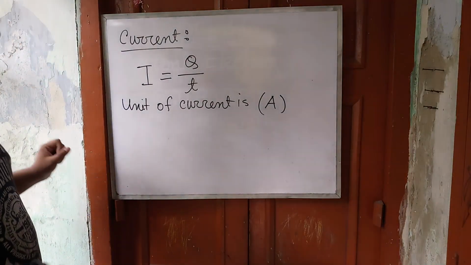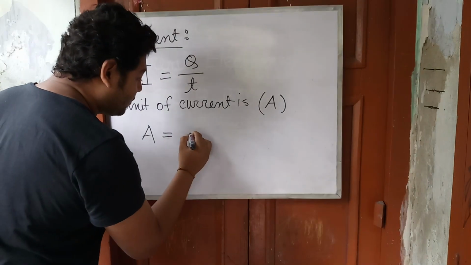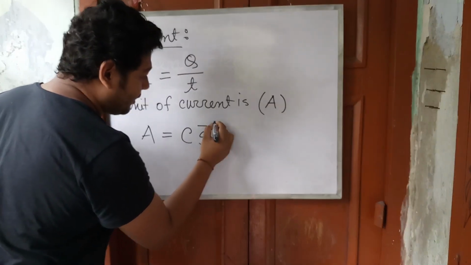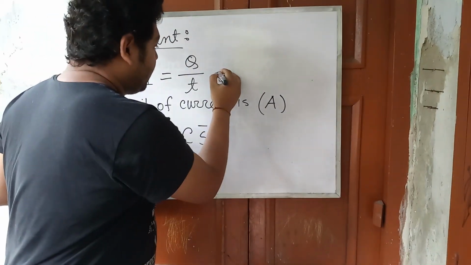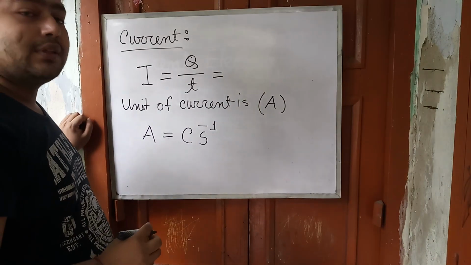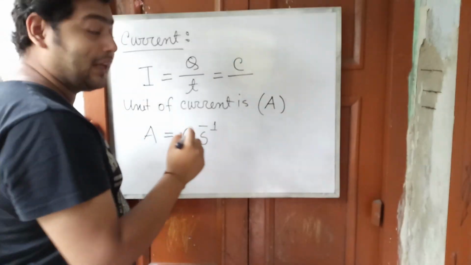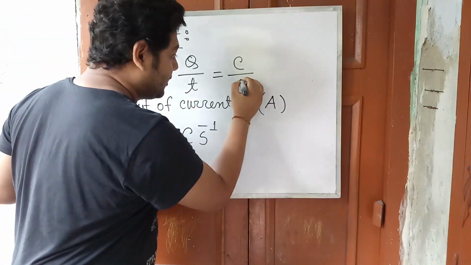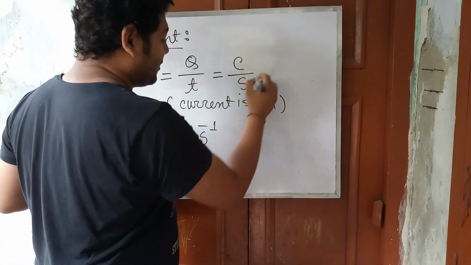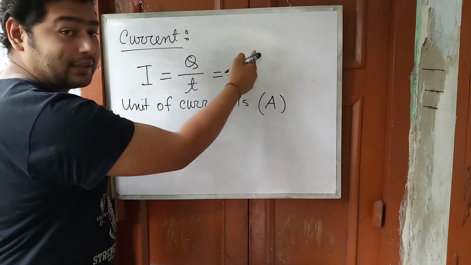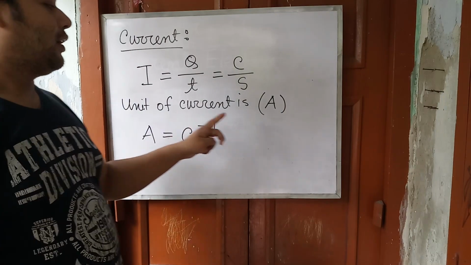Ampere is also equal to coulomb per second. How? We know that the unit of charge is coulomb, and the unit of time is second, denoted by s, so we can write coulomb per second, and coulomb per second is called ampere.